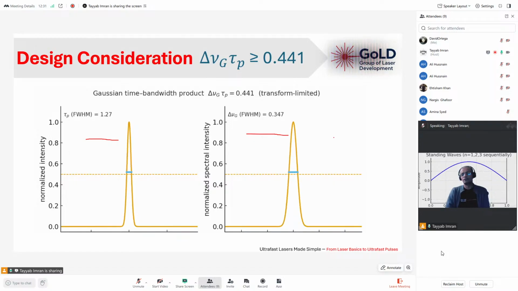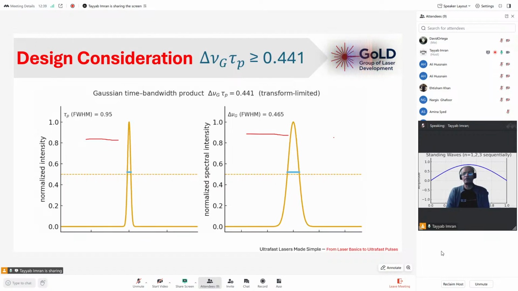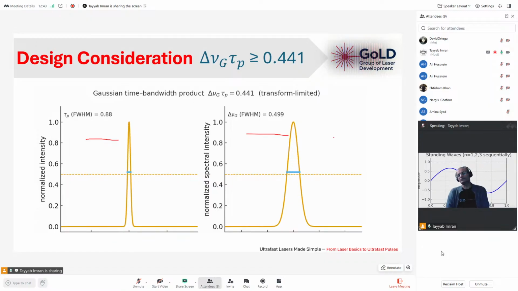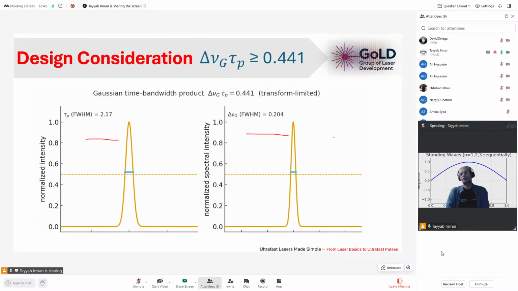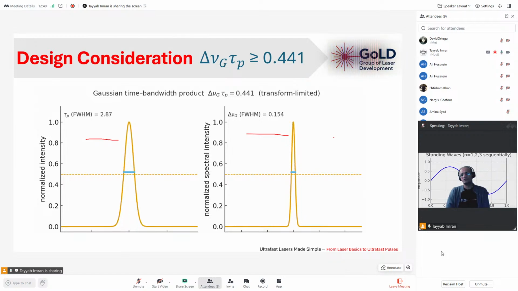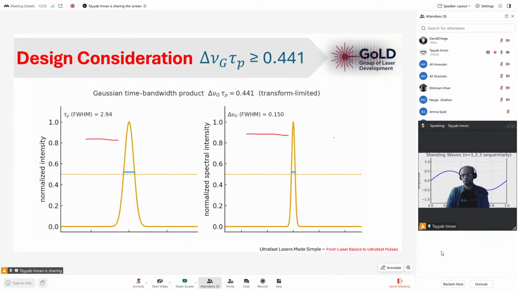This is what this simulation shows. If bandwidth increases, then pulse duration reduces, and if bandwidth decreases, then pulse duration increases. So this is related to the design consideration equation, the first one, which we just studied.